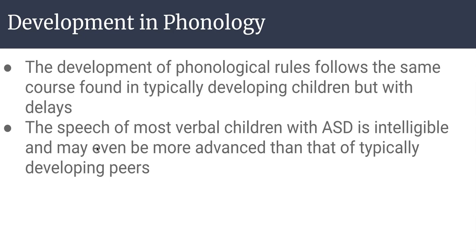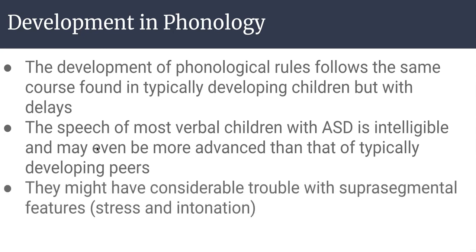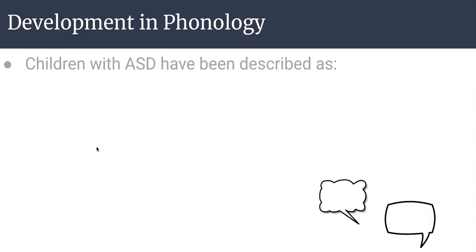A lot of these kids will wait to talk until they can talk in sentences and until they can talk pretty intelligibly, whereas your typical kid just starts at the one-word level and isn't very intelligible, and then that increases over time. These kids, it's not uncommon for them to wait until, okay, I'm ready to talk now, and they just start talking. They might have considerable trouble with suprasegmental features such as stress and intonation.